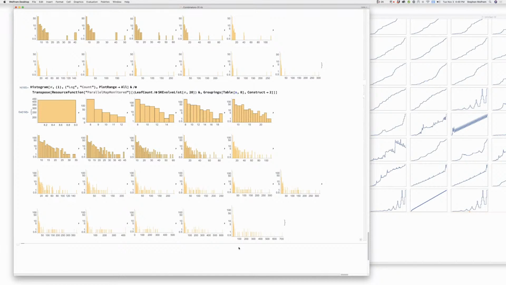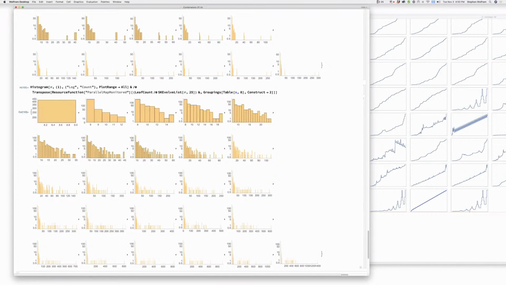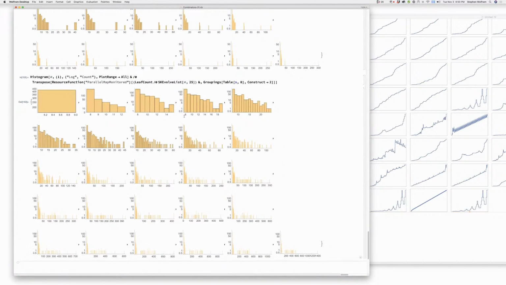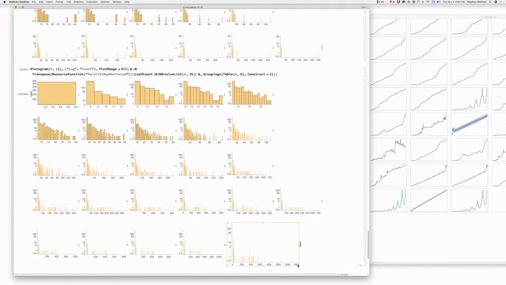Wonder if we can run it a few more steps. Let's see whether it works to run it for 25 steps. This may be a super bad idea. Okay, so we have some that are really taking off there with 1400 and others that are not taking off.